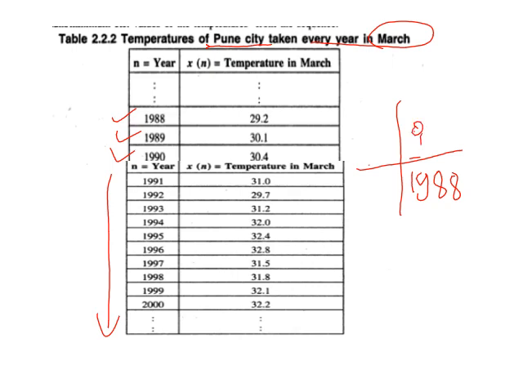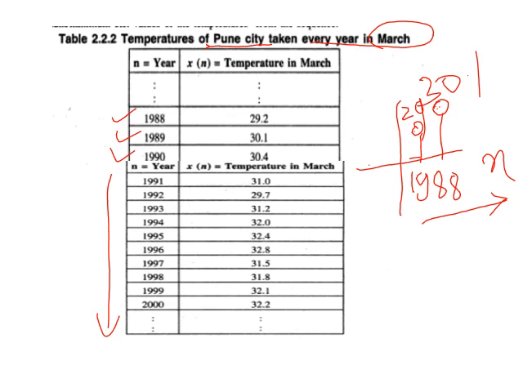At 1989 the temperature is raised up to 30 degrees Celsius. Let us say this is 30.1 and this is 29 and so on. The variable is n. n is the year, x of n is the temperature.